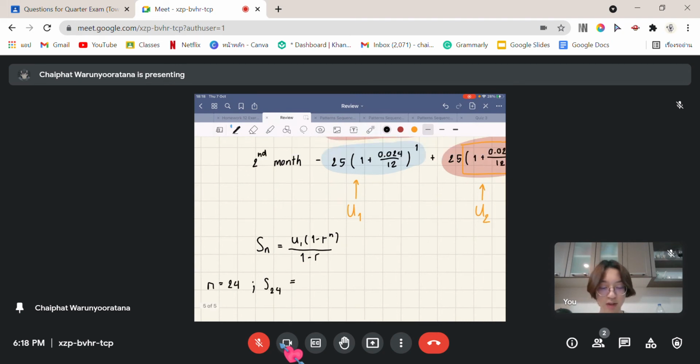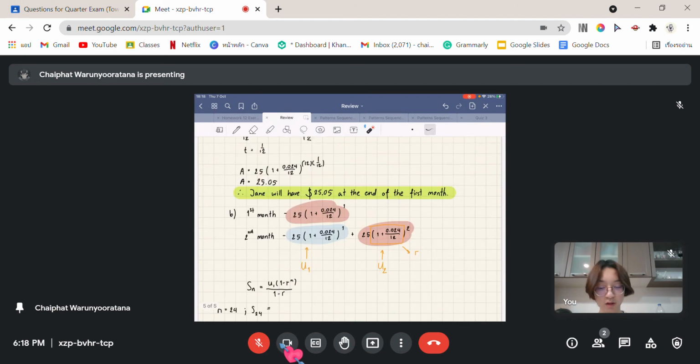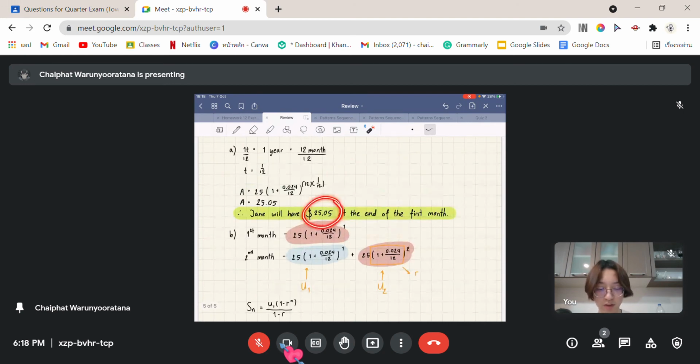And U1 is the first month, right? U1 is the first time she deposits at the end of the first month. So we can actually plug in this number.